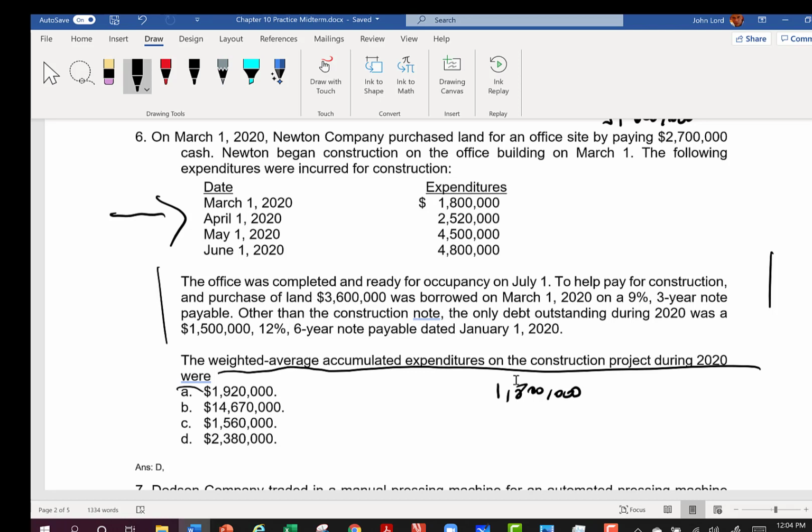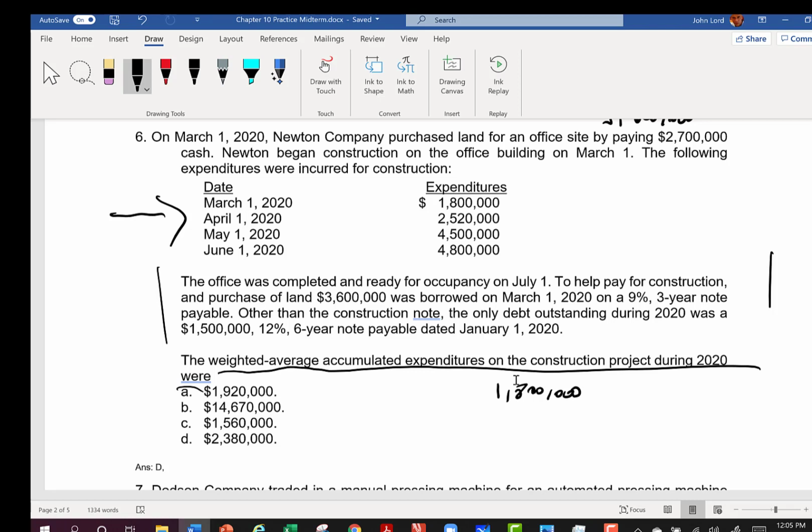And so if they spent that money March 1st, it's all of March, all of April, all of May, all of June, because it was ready July 1st. So you only are going to calculate your weighted average of accumulated expenditure, and only capitalize interest, for a period where the construction is actually going on. So construction wasn't going on for 9 months of the year.